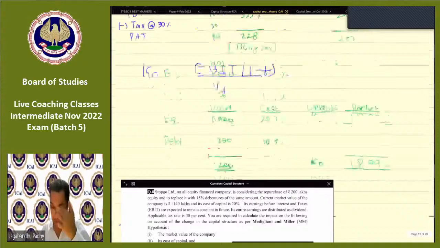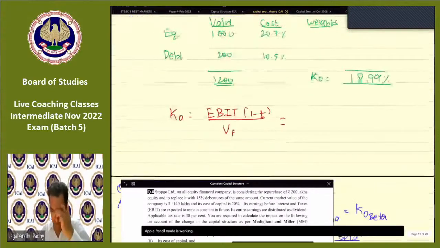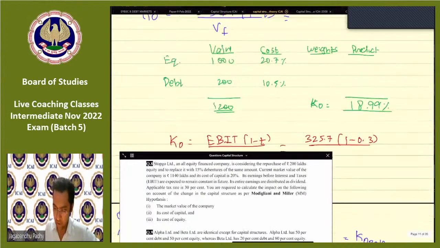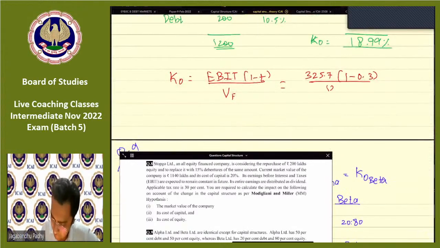For example, if you take EBIT as 325.7 into 1 minus 0.3 upon value of the entire firm, which is 1200. You can check the numbers.